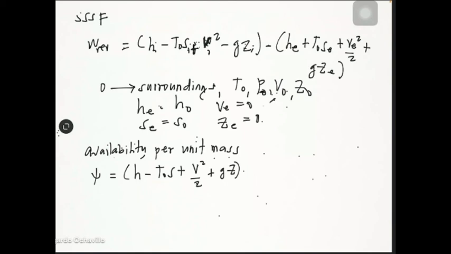So this is for the steady state, steady flow. Now if you consider a system with a fixed mass, wherein our mass is the same throughout the process. The work reversible from 1 to 2, since work is a path function, needs to have an initial state and a final state.